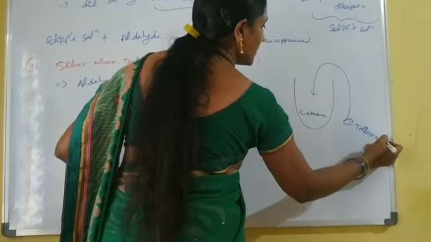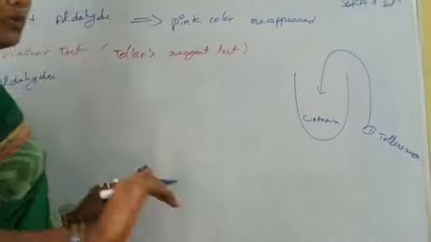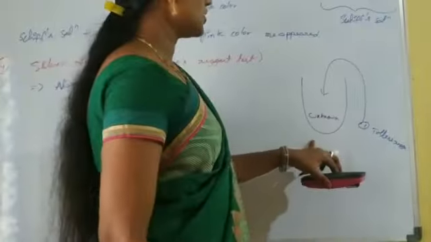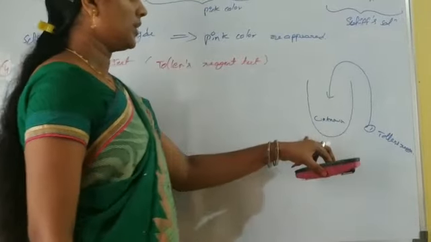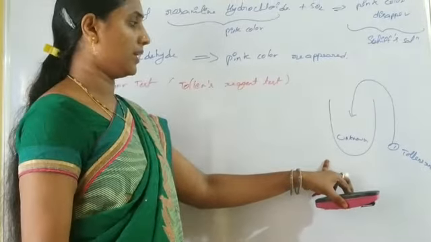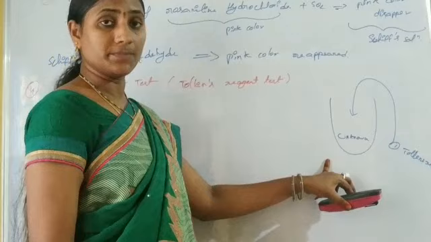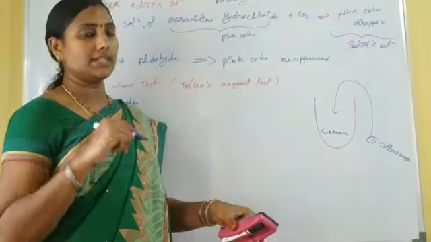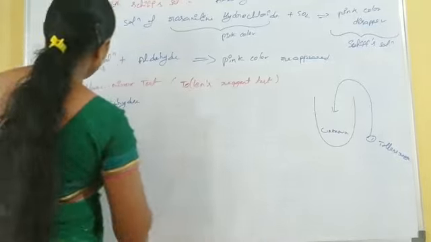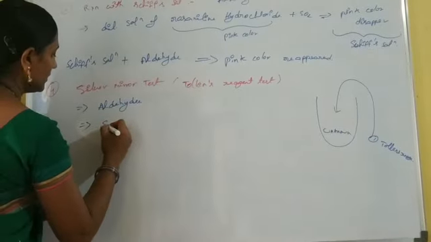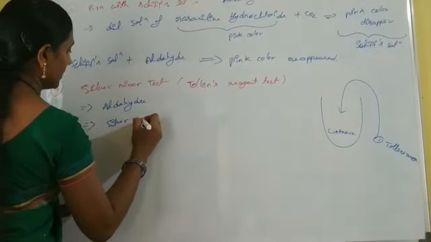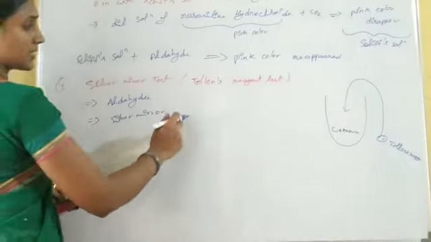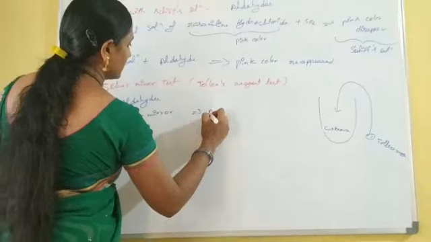The Tollens reagent is nothing but ammoniacal silver nitrate. That solution is boiled in a water bath for a few minutes. We observe a silver mirror on the inner walls of the test tube. That silver mirror indicates the presence of aldehydes.